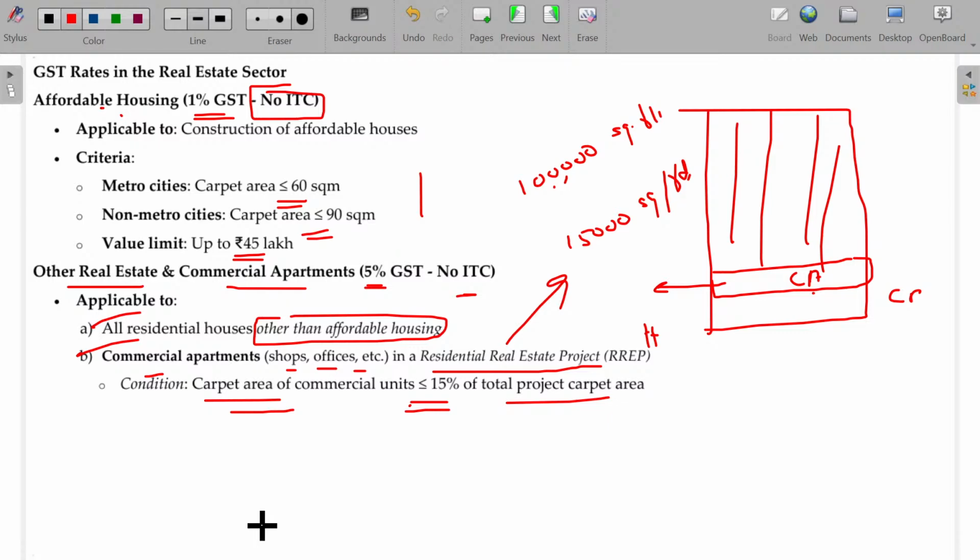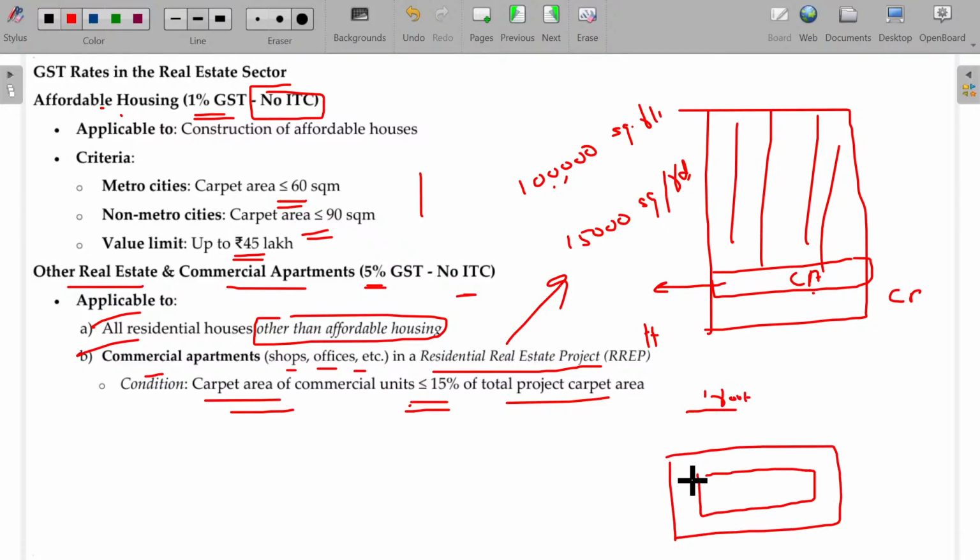Carpet area means the area where you can lay your carpet, excluding the walls. So the wall may be 1 foot. You constructed a room this way. This is 1 foot, this is 1 foot, it's being 10, means the full length is 12 feet and inside is 10.